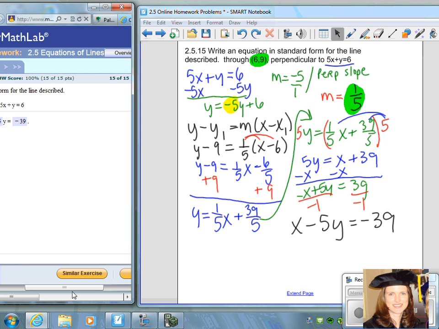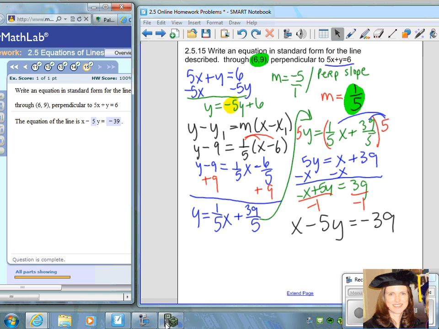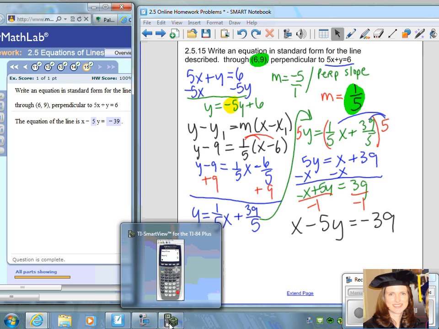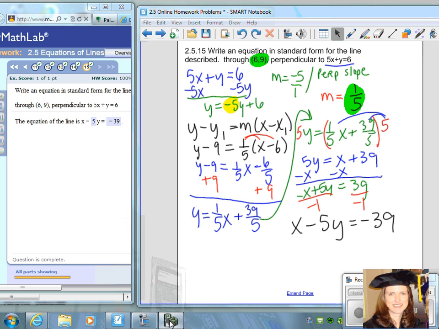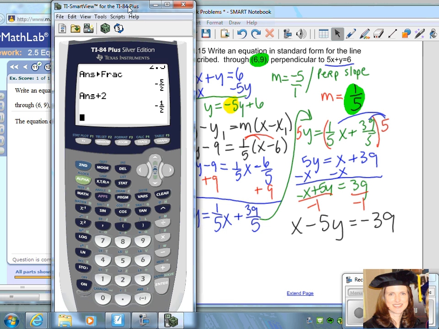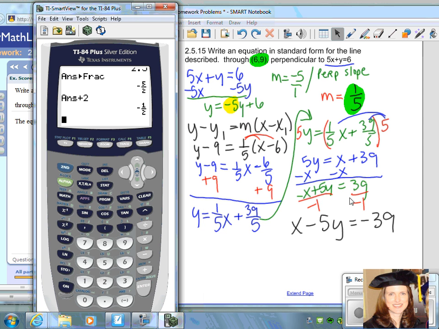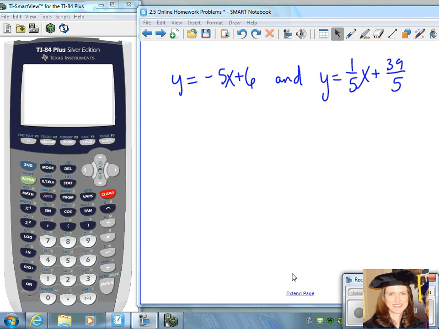Now what I'd like to do for this last video is to show you how you can graph these lines on a graphing calculator. In order to graph a line, it needs to be written in y equals mx plus b form. I want to take a minute and show you how you can graph these equations with a graphing calculator.